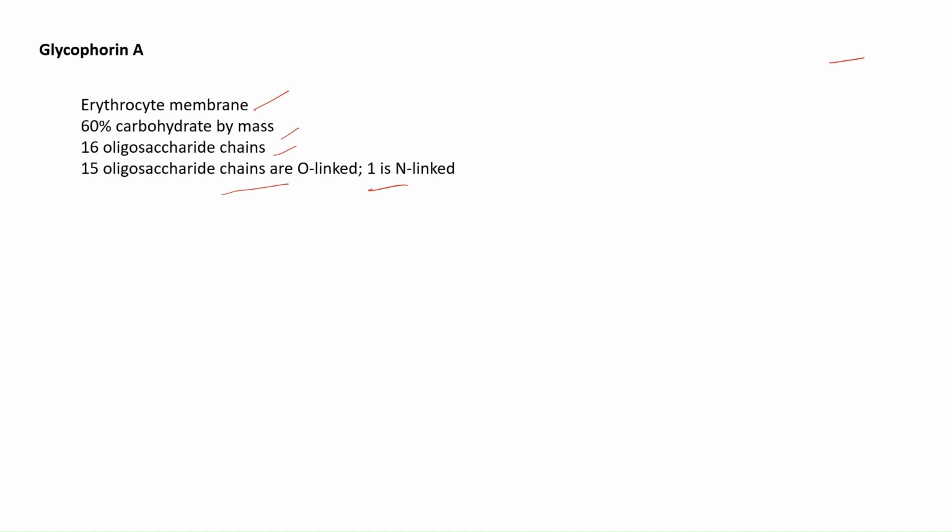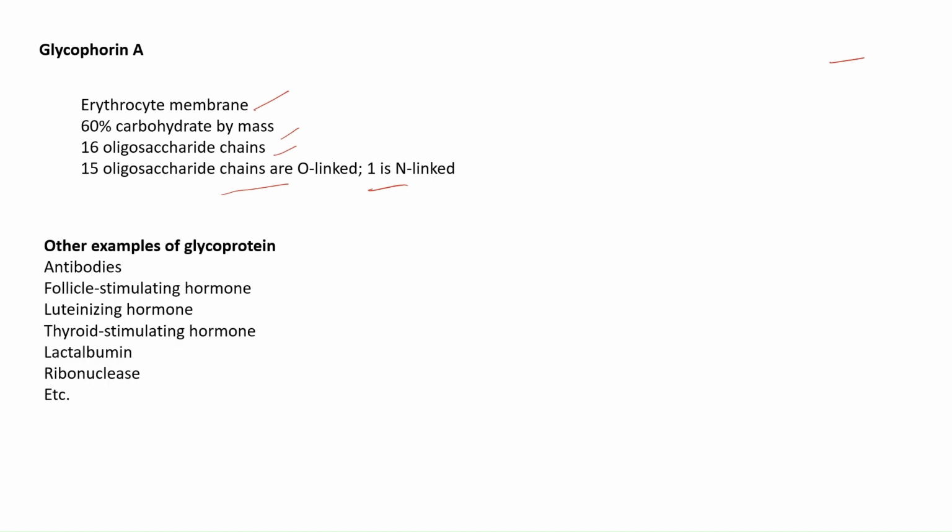Apart from glycophorin A, other examples of glycoproteins are antibodies, follicle stimulating hormone, luteinizing hormone, thyroid stimulating hormone, lactalbumin, ribonuclease. Mostly the proteins which are secreted in the blood are of glycoprotein nature.